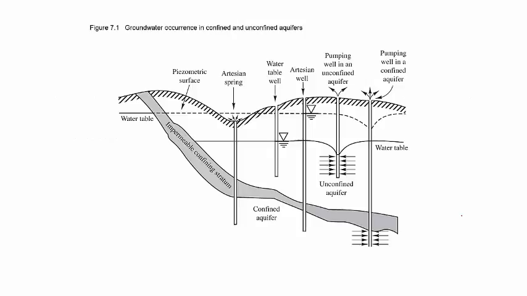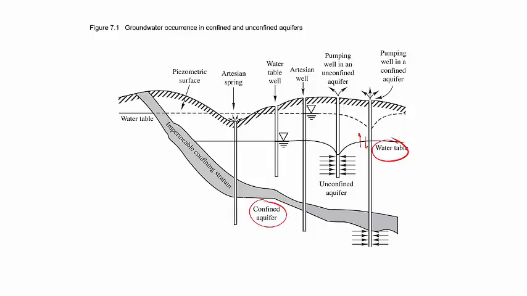The difference is that in the unconfined aquifer you have a free water table, but in the confined aquifer you don't. So for example, here you have a water table, and this water table can go up or down because there's no layer of rock or impermeable layer of soil that keeps it from going up and down.